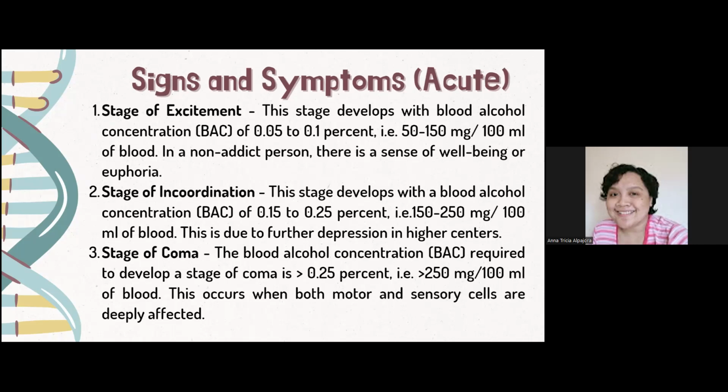So in this stage, a person's recent event memories may be impaired, and the victims may show signs of incoordination, or hindi niya ma-perform yung mga body movements na usually nagagawa ng isang taong sober.